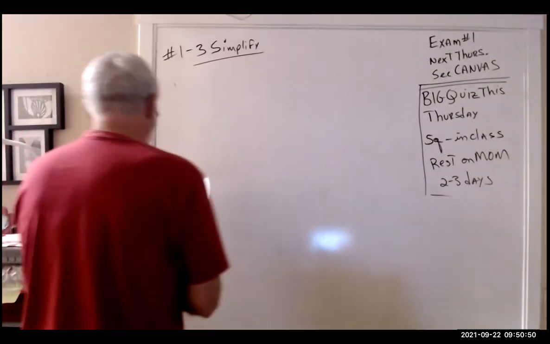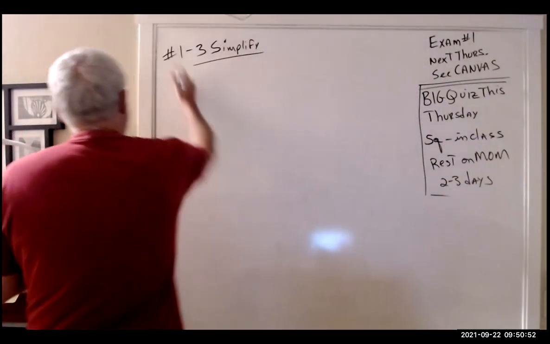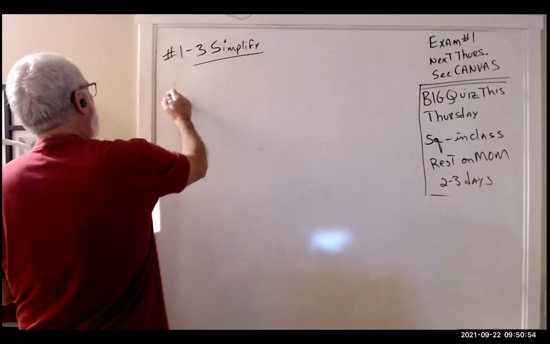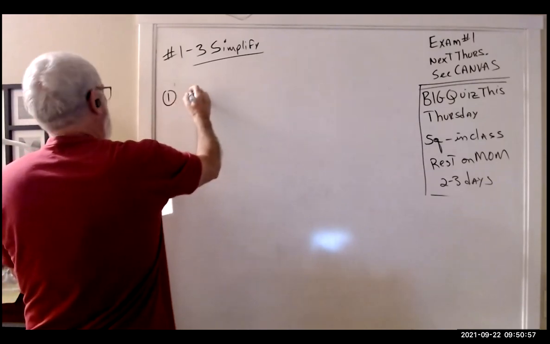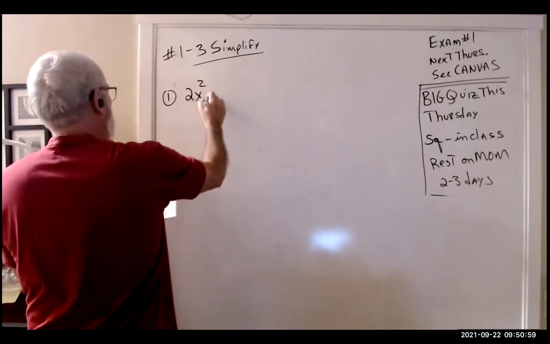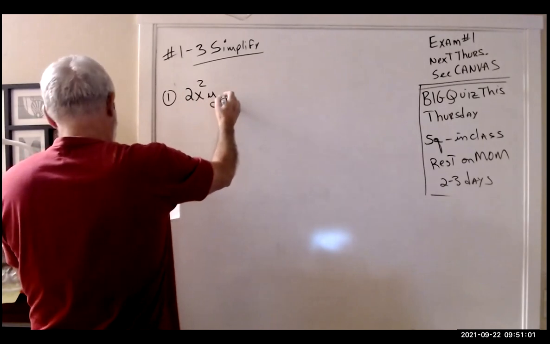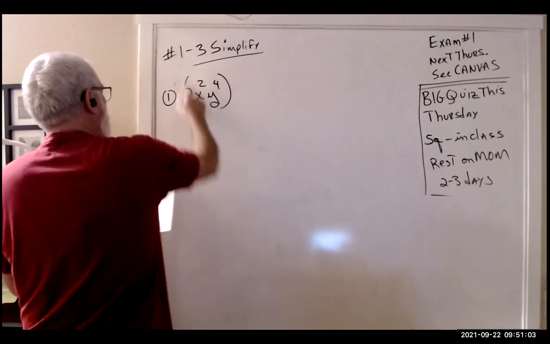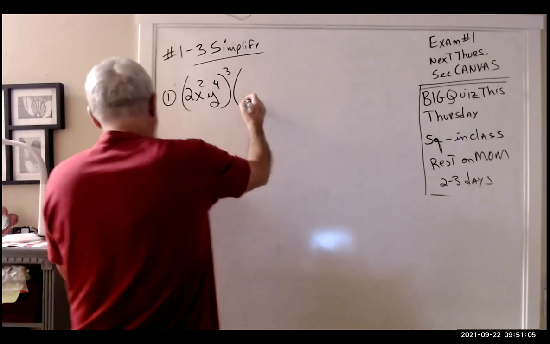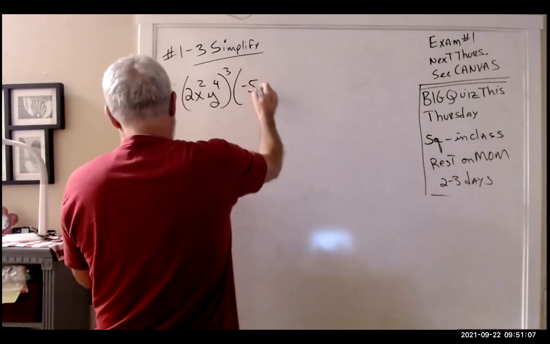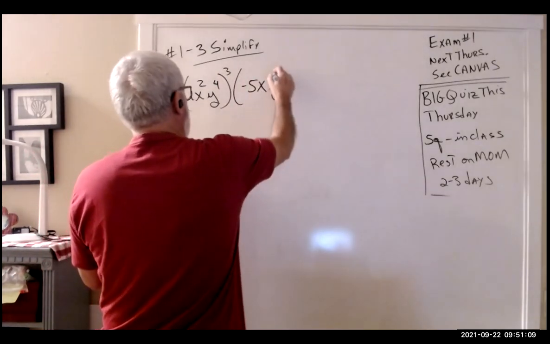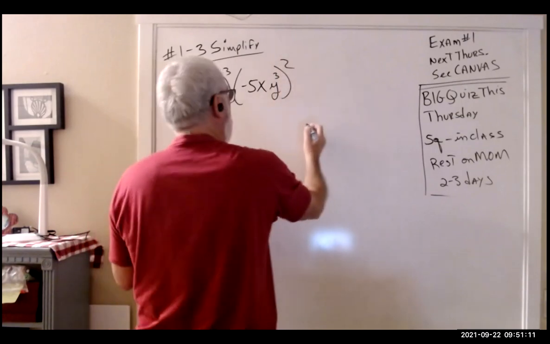All right. So let's try the rest of these. Number 1: 2x squared y to the 4th, quantity cubed, times -5 x y to the 3rd, quantity squared.